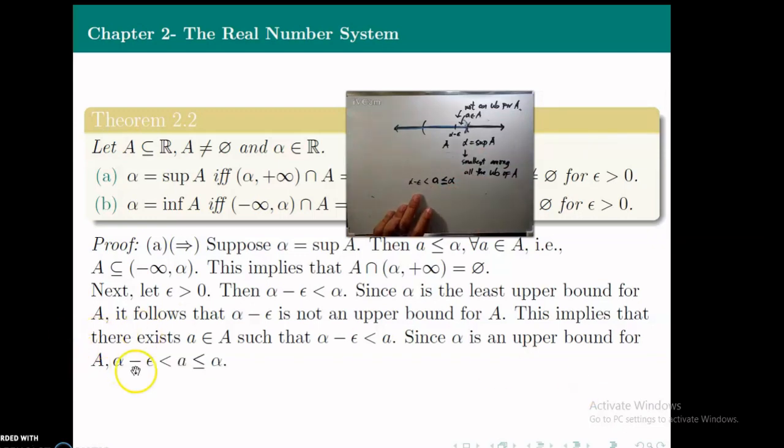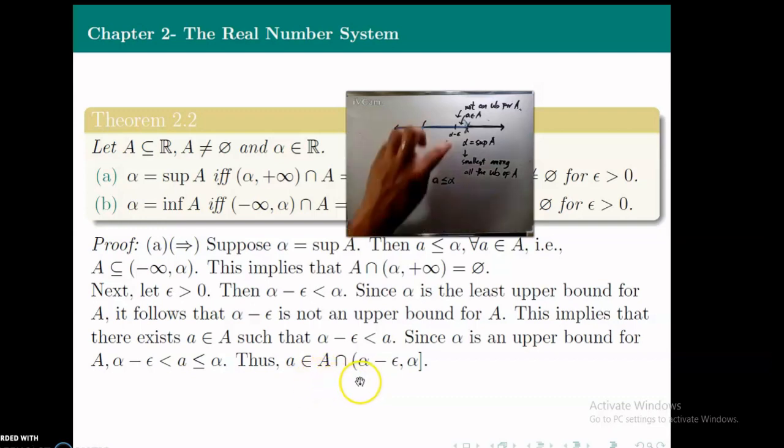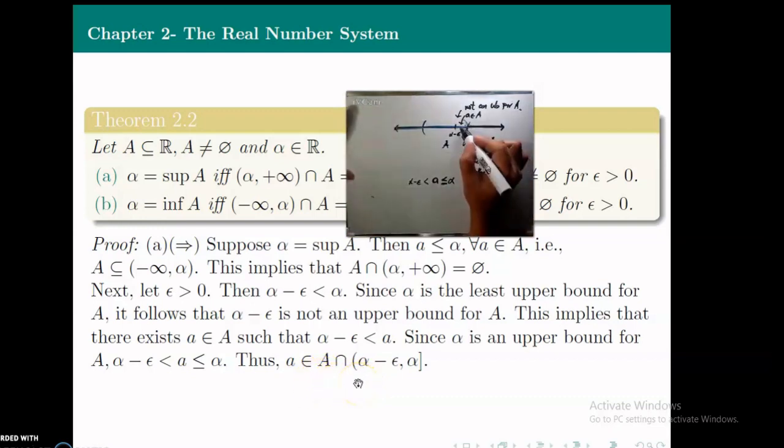Okay, so we have this one. Thus, this element here, a, is in the intersection. As you can see, there is an element a here in between this smaller set.